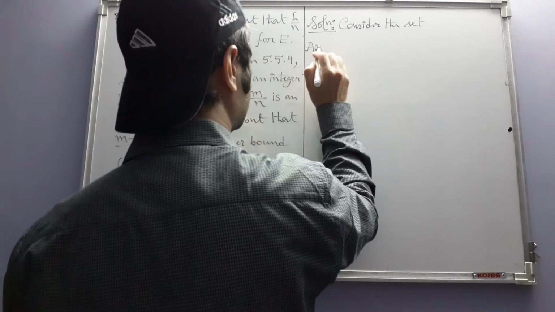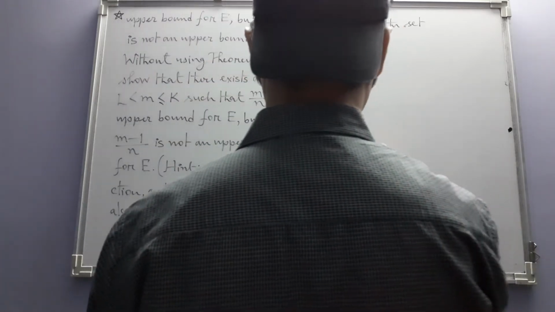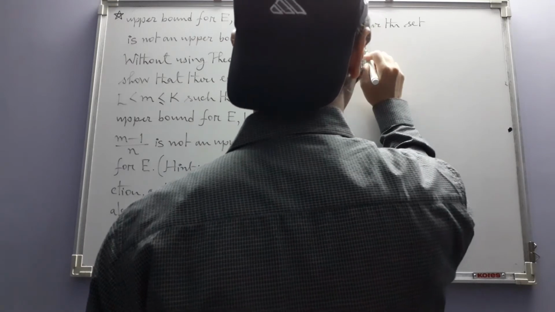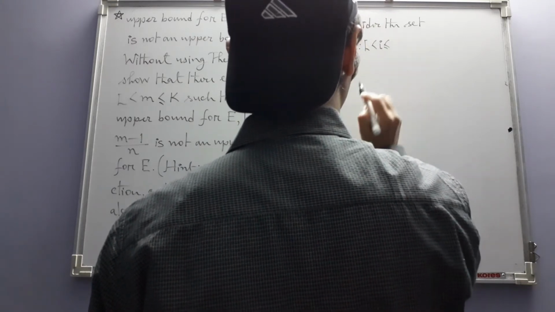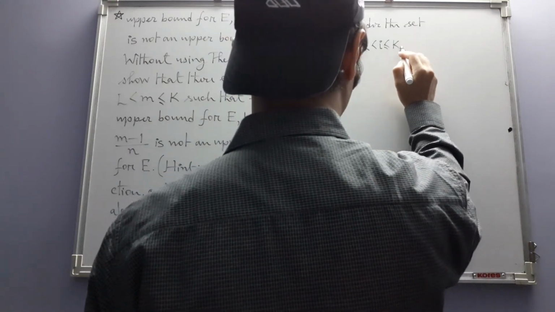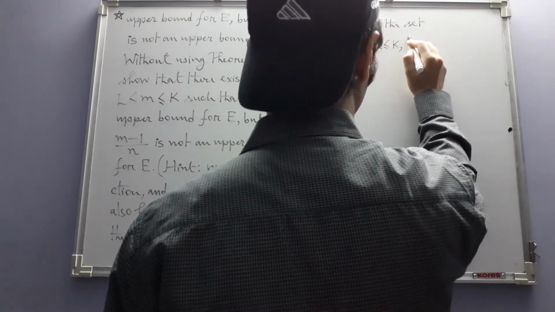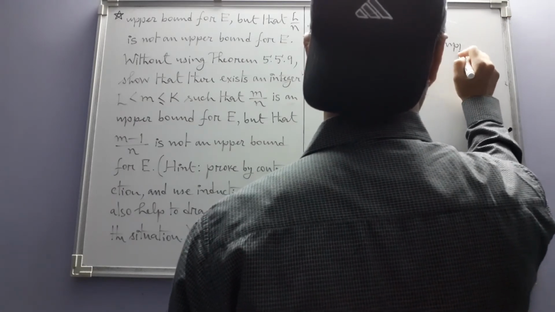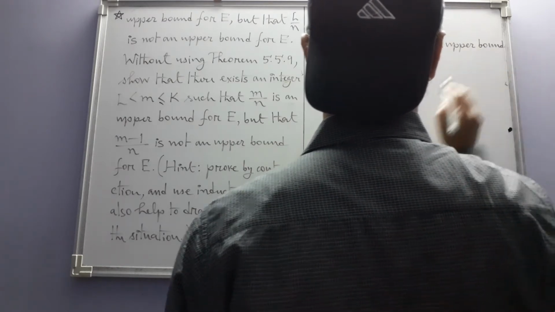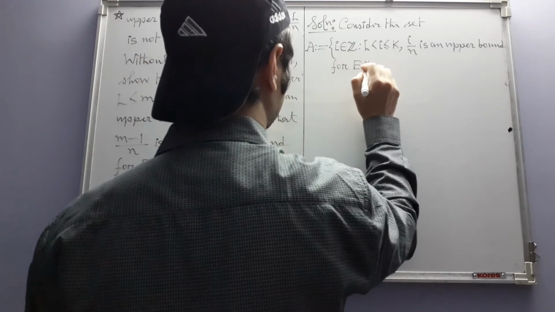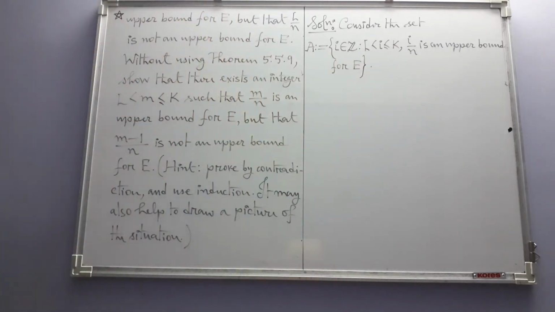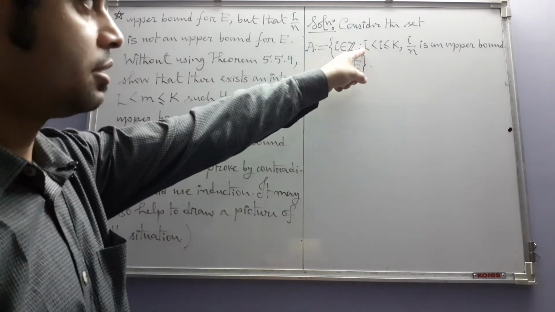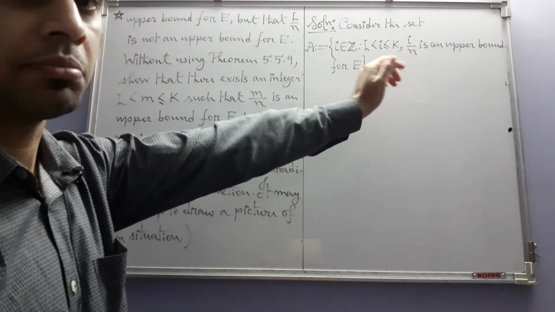Consider the set A, which is the set of all integers I such that I is strictly greater than L and less than or equal to K, and such that I by n is an upper bound for E. So we are considering the set of all integers I that satisfy these inequalities and such that I by n is an upper bound for the set E.